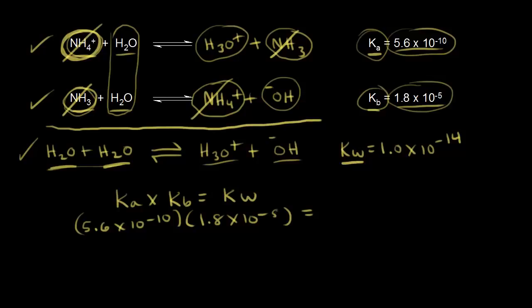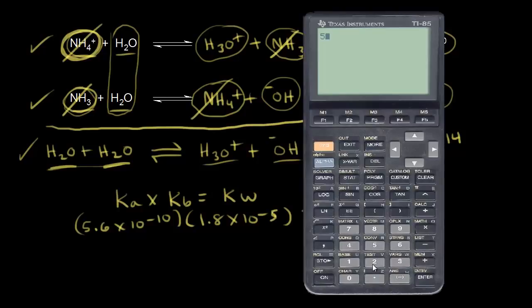And let's get out the calculator and do that math. So we have 5.6 times 10 to the negative 10, and we're going to multiply that by 1.8 times 10 to the negative 5.